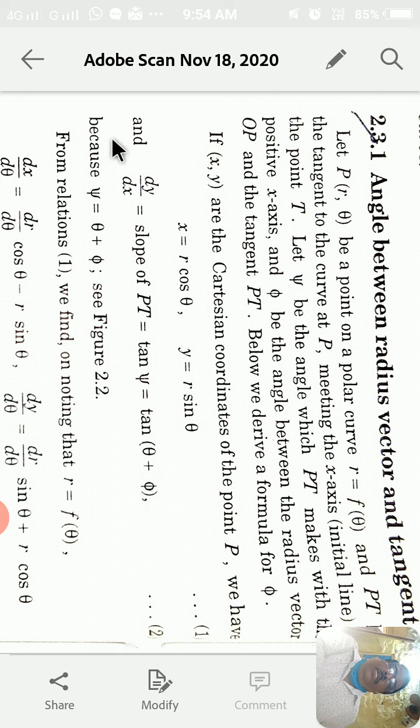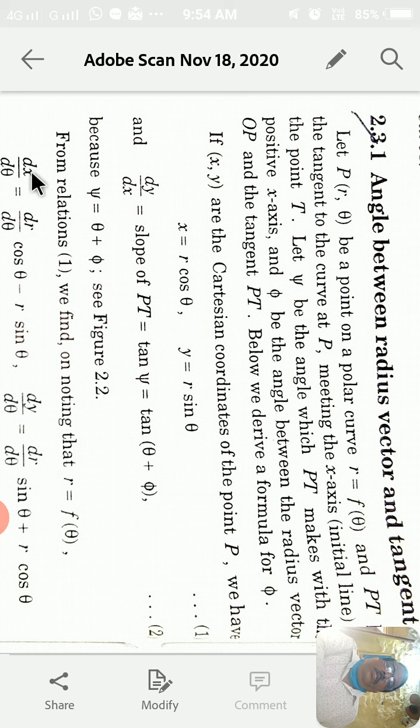Now to find dy by dx, as we know that both x and y are functions of r and theta, dy by dx is equal to dy by d theta divided by dx by d theta. So first we determine dy by d theta and dx by d theta.